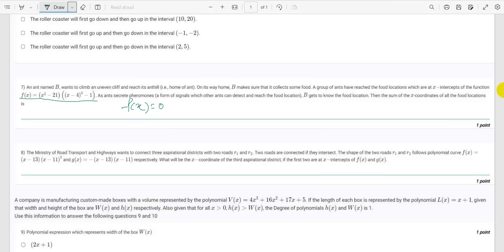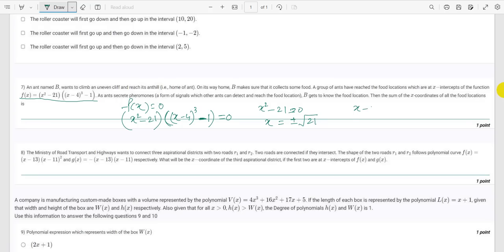So (x square minus 21)(x minus 4 whole cube minus 1) equals 0. Now x square minus 21 is equal to 0, so x equals plus minus root of 21.